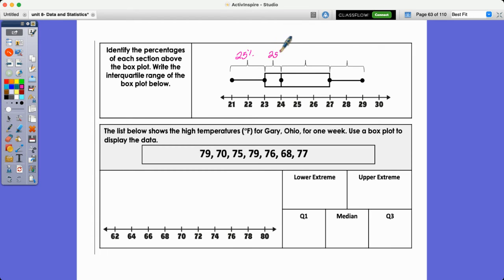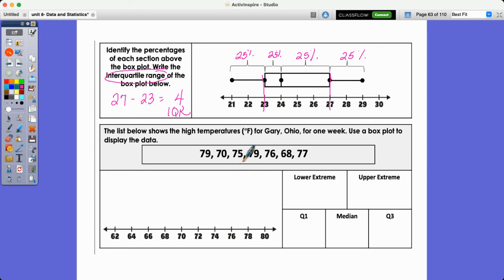It doesn't matter how big or how small, they're always 25%. That's why we're using the word quartile, because it means 25%. Now, it wants us to find the IQR. We use Q3, the end of the box, minus Q1, the beginning of the box. 27 minus 23 is 4. That is your IQR.